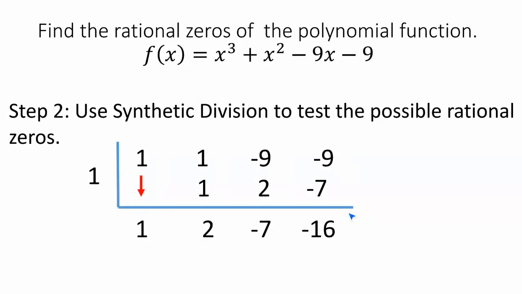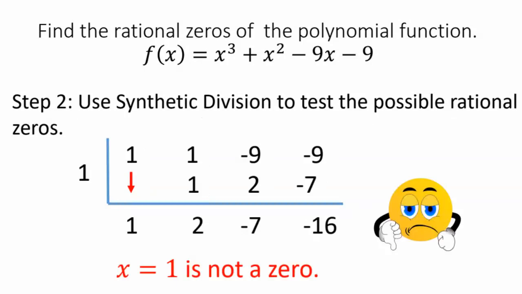And then we have -7 plus -9 is -16. And unfortunately, we need the remainder to be 0. So in this case, -16 is not 0. That tells us that 1 is not a zero. Not a problem. Now we're going to try the next one.